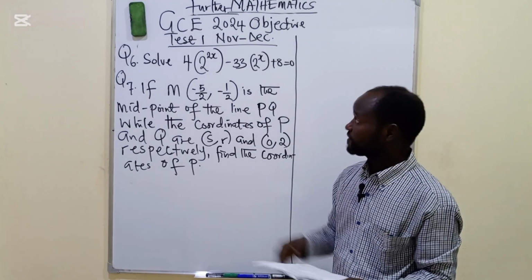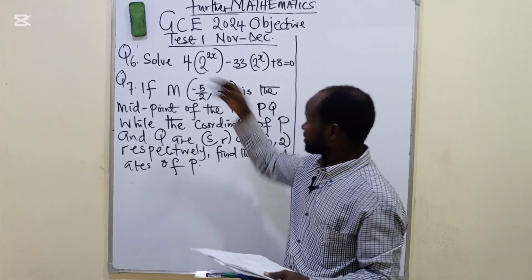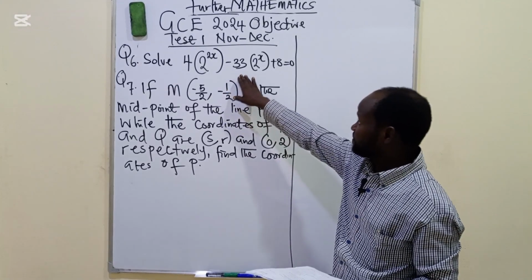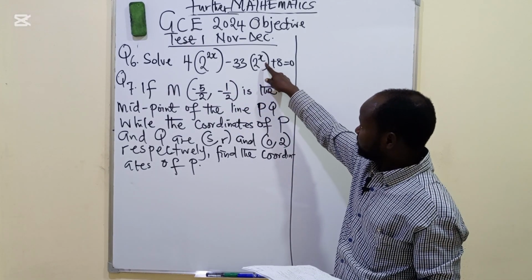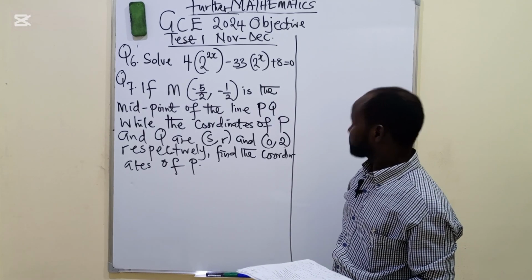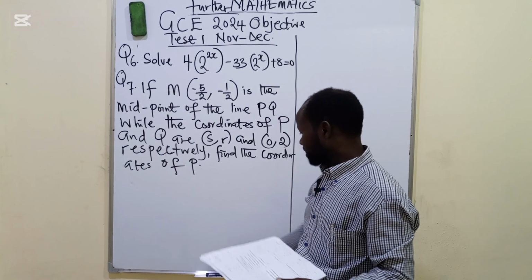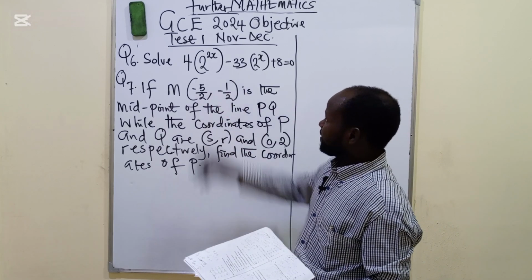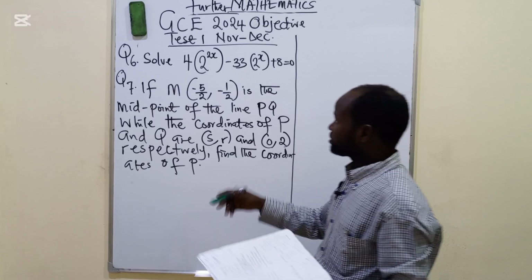Question 6 reads: Solve 4(2^(2x)) minus 33(2^x) plus 8 equals 0. Let's look at how we can handle this. If we look at this very well, this is an exponential equation.